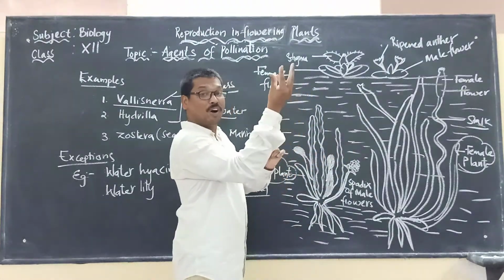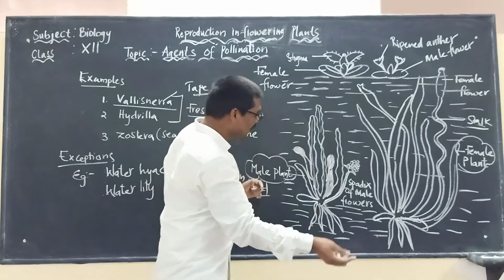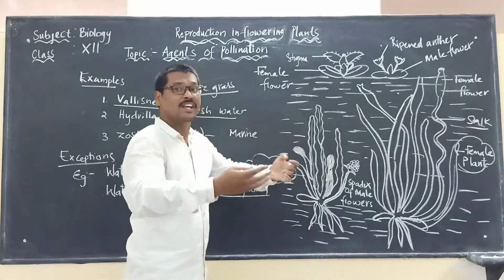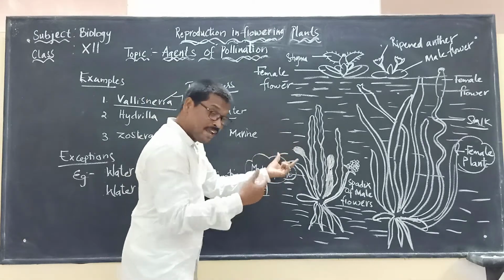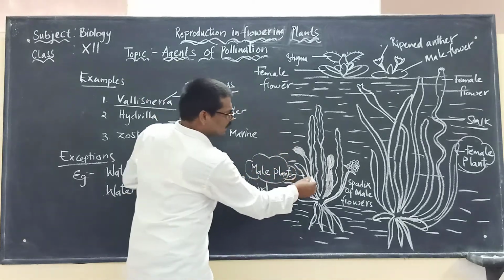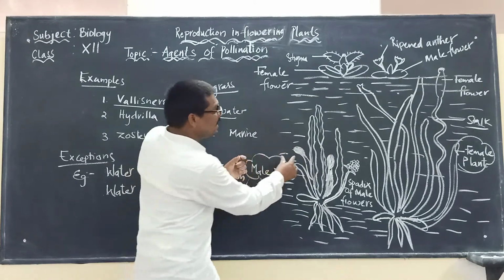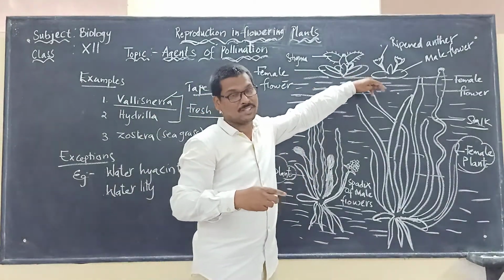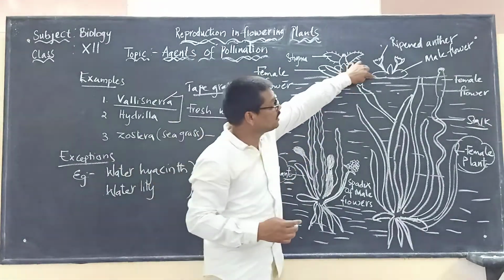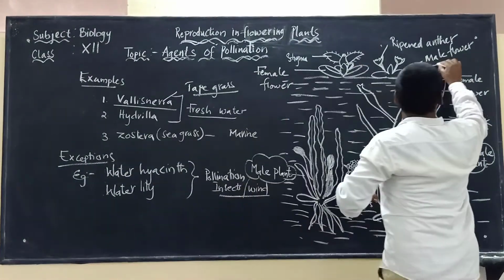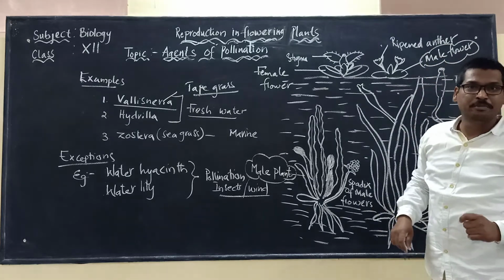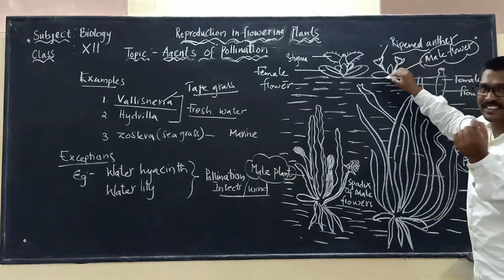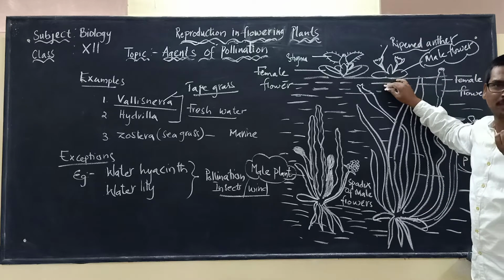When it comes up onto the surface, it is not compulsory that it should happen at the same time. It just happens. The male plant produces male flowers, and these male flowers also come onto the surface of water. Here is the male flower. When the male flower comes, having the ripened anthers, the pollen grains are well matured.